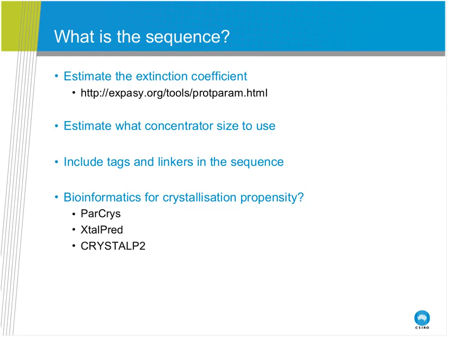You can start doing some playing with some of the bioinformatics, which is available to find out whether your protein will crystallize. And I give three of the more common protein crystallization predictors listed here. In all honesty, I don't think any of them are particularly strong at the moment, but the more we use them potentially, the more they will get better. But the sequences are very important.